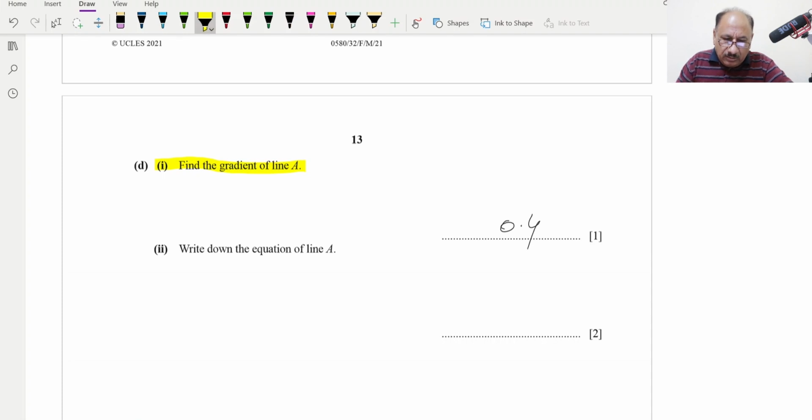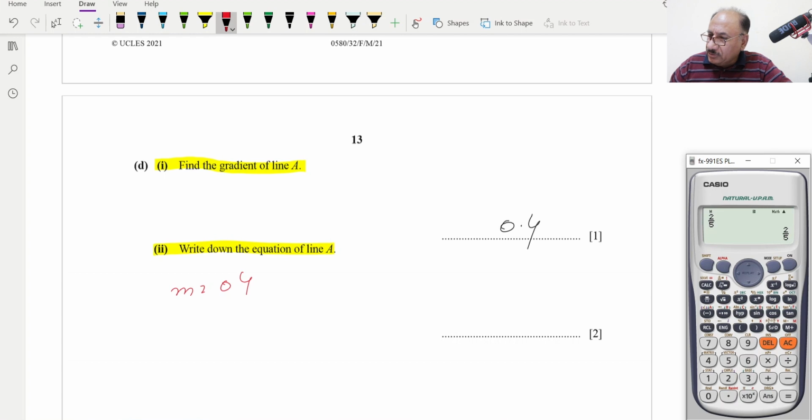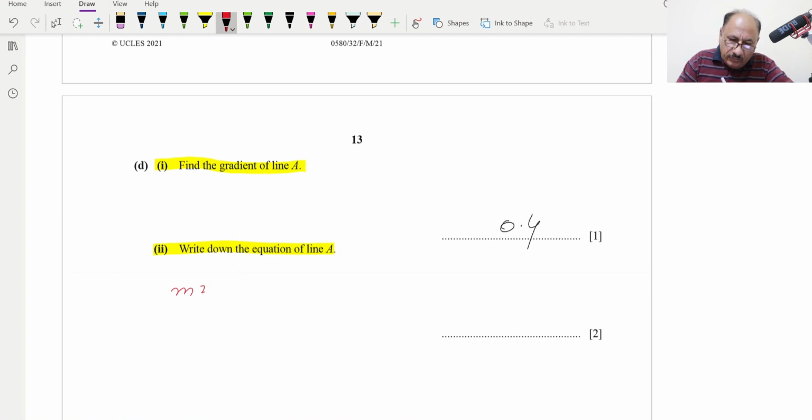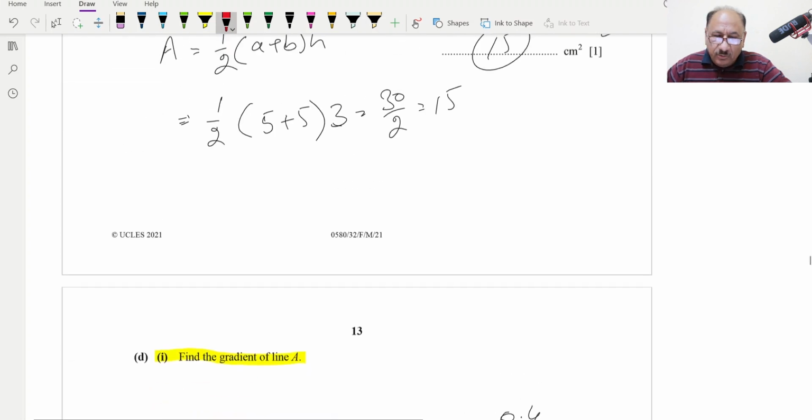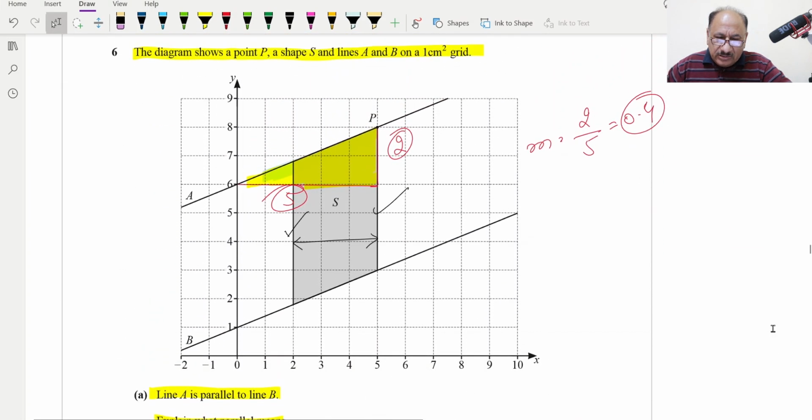Then they are saying write the equation of the line A. Now we have m value is equal to 0.4, or what we have calculated is basically 2 by 5. So I will write m is equal to 2 over 5. So 2 over 5 is the gradient. Now we require c value to write the equation, and c y intercept is this one 6.